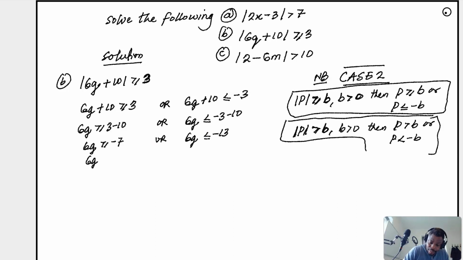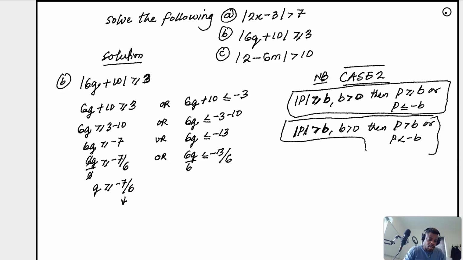I divide through by 6, which is a positive value, so the inequality sign will not change. So q is greater or equals to minus 7 over 6. Okay, minus 7 over 6.